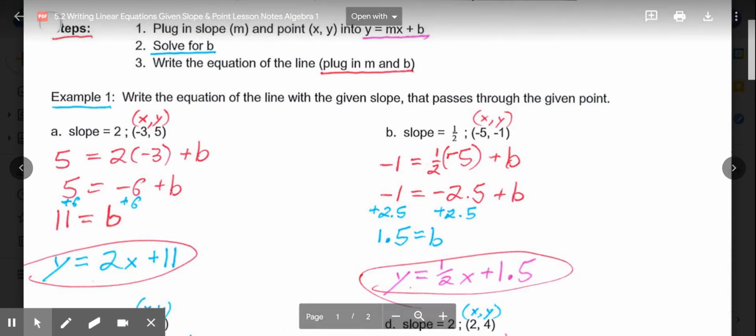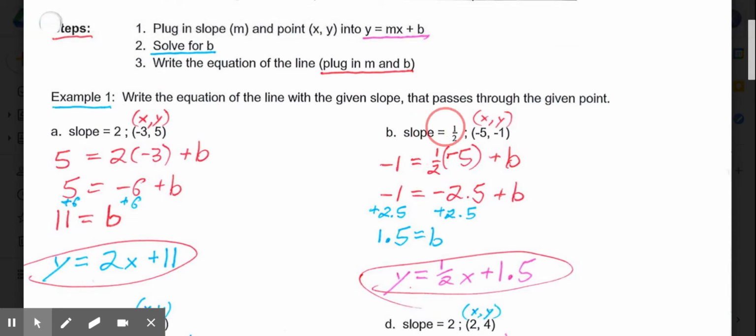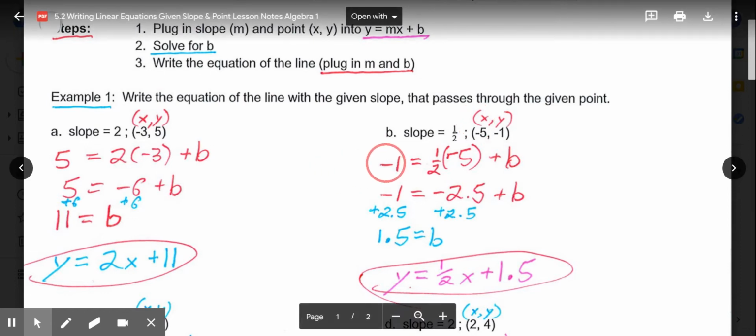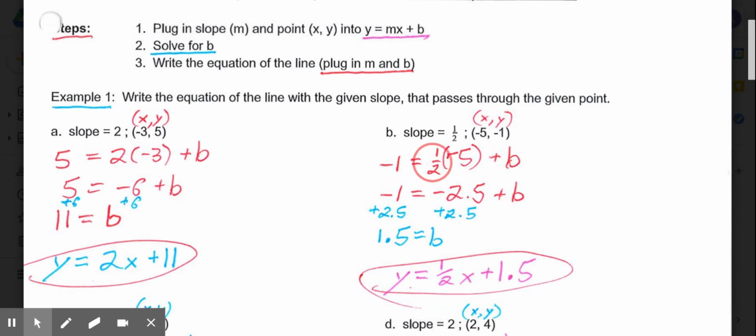Again, in example B, we have a slope of 1/2 and a point -5, -1. So we're going to plug in the y, the m, and the x and solve for b. We have -1 equals 1/2 multiplied by -5 plus b. -5 times 1/2 is -2.5.